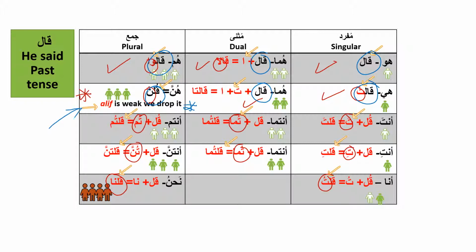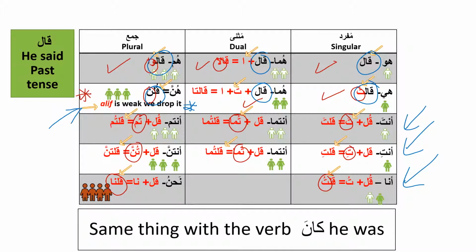Here is where we started dropping ألف, because ألف is weak. So we start dropping ألف for the rest of the pronouns. The same thing with the verb قال is the same thing with the verb كان. He was.